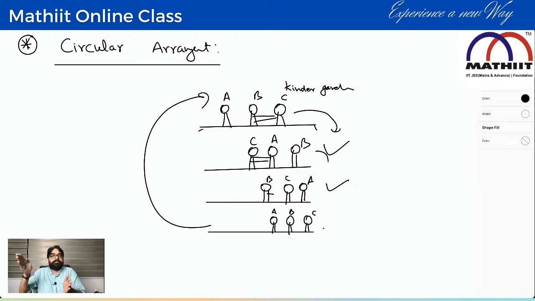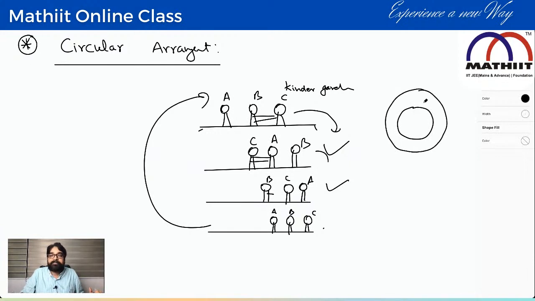One by one, C came from the back. Then the new arrangement came, CAB. Then BCA came. Then ABC again came back. The original arrangement came back.